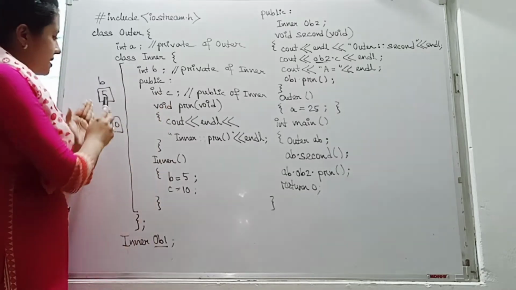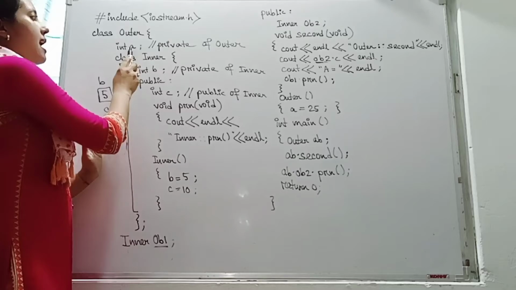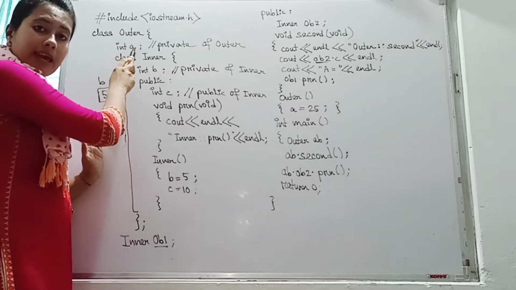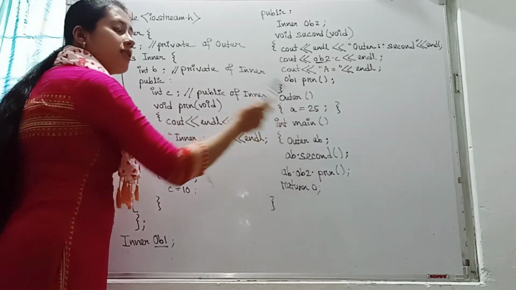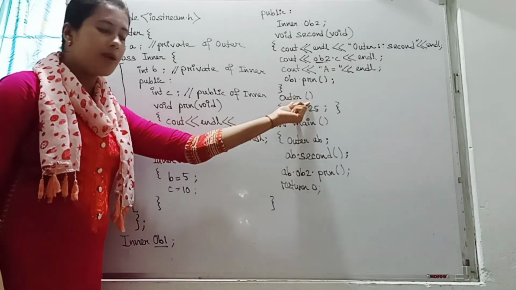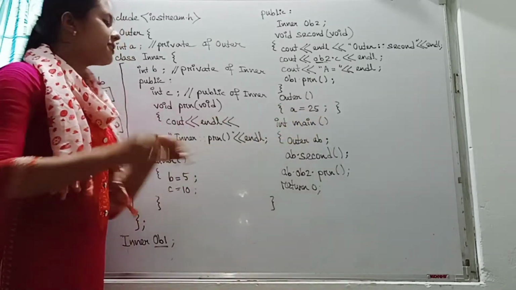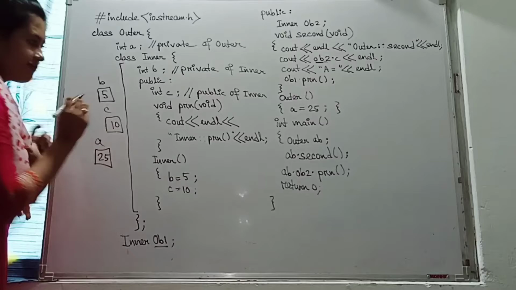These b and c were given certain values. In the outer class we have the data member a under the private section. So this a is initialized using the constructor outer. So a equals 25 means the value of a is initialized to 25.